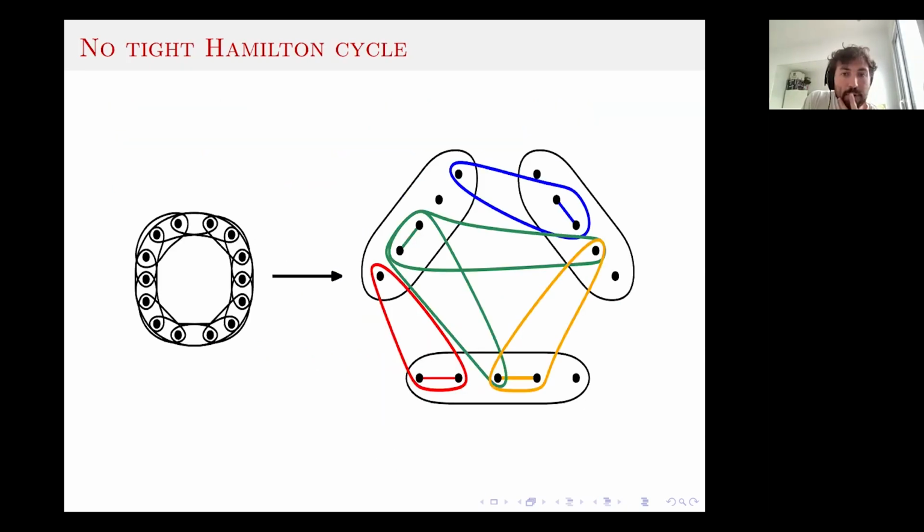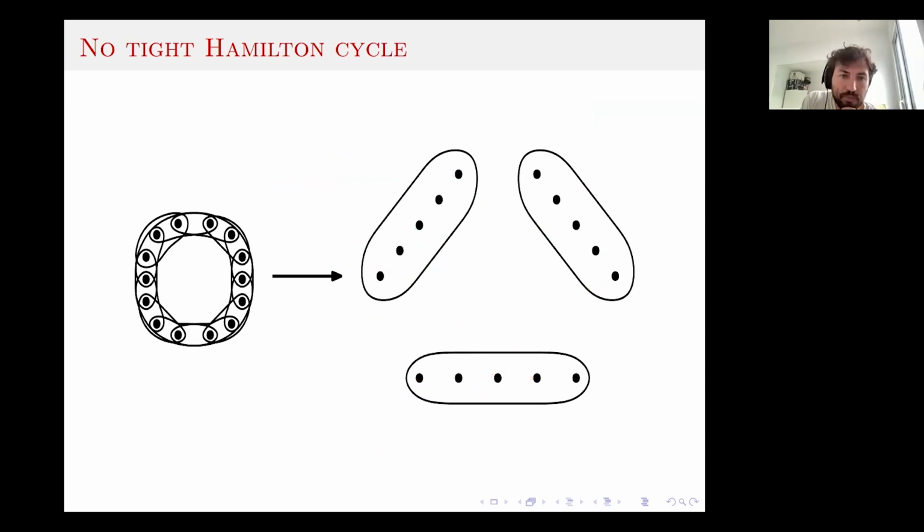And let me show you that it doesn't have a rainbow tight Hamilton cycle. So imagine that there was some embedding of a tight Hamilton cycle into this 3-uniform graph. Let's think about where these vertices can go. So without loss of generality, you have something like this, 2 consecutive vertices in different parts. Let's look at the next vertices. If u3 was here, this is not possible because this edge just isn't in the hypergraph.